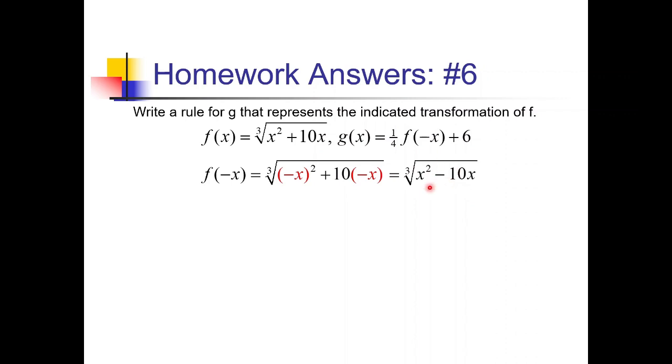The cube root is going to stay the same. So this whole thing here is f of negative x. Now I just need to do 1/4 times that and then add a 6 outside. So this whole thing just kind of replacing it in here. And there isn't really much else I can do, right? I can't really distribute this, and this 6 is where it is. I can't move it inside. So this one's done.